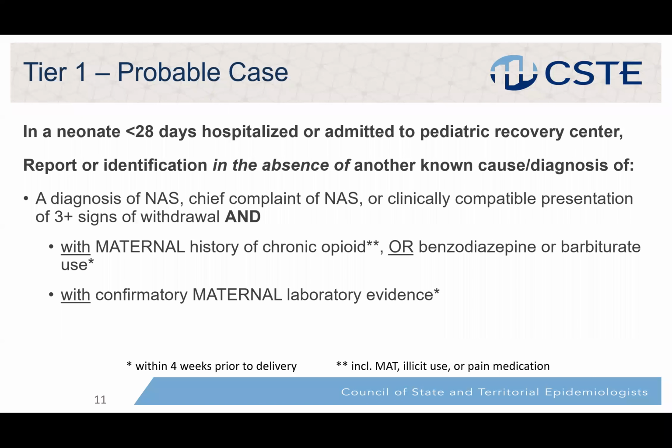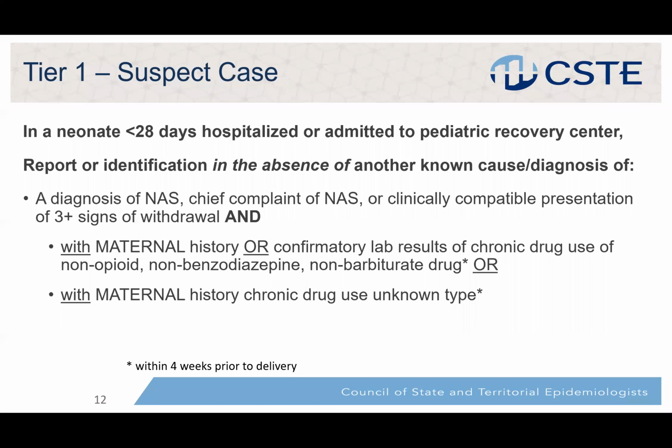Our next slide is the suspect case, and it's where you don't have to have the lab results if you have a maternal history of chronic drug use of a non-opioid, non-benzodiazepine, or non-barbiturate drug. So you can see that the first 2 cases really do depend on an exposure to opioids, benzodiazepines, or barbiturates.